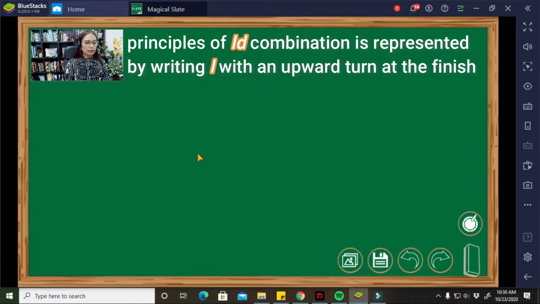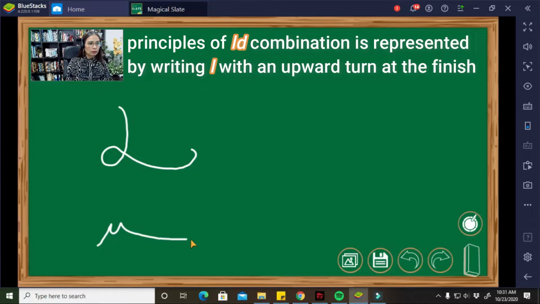It's time for you to read again. Try to read this one. We have this symbol and then the LD combination. What is that? And this one. What is that again?